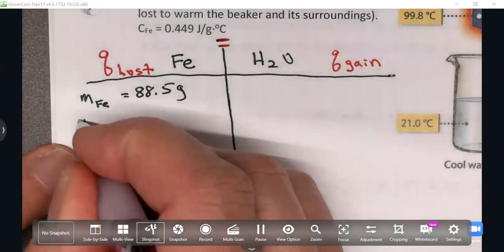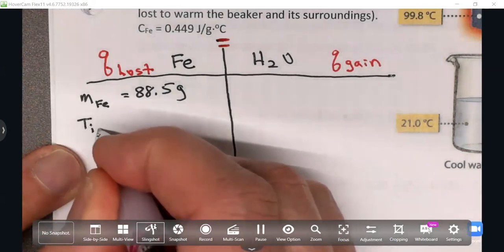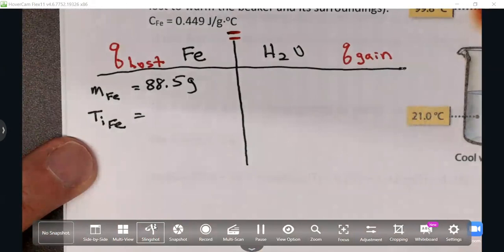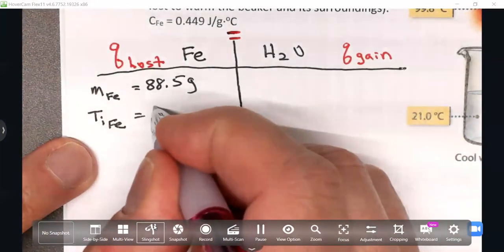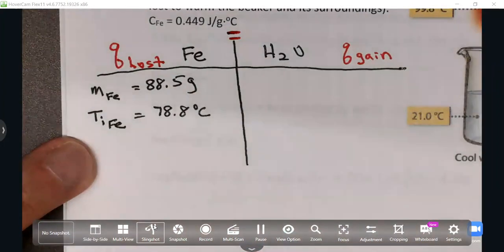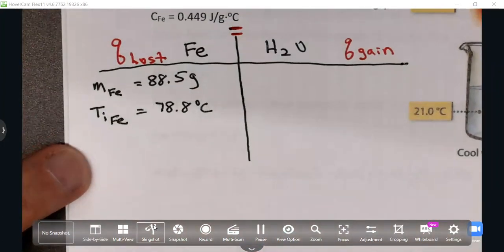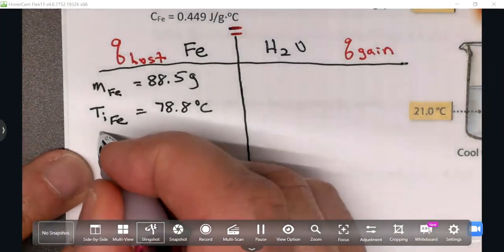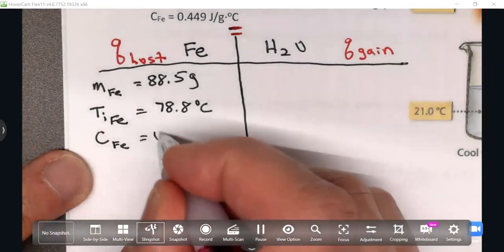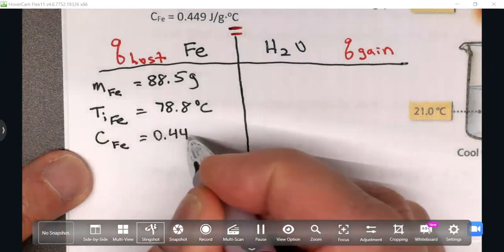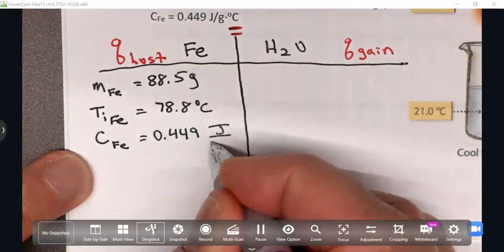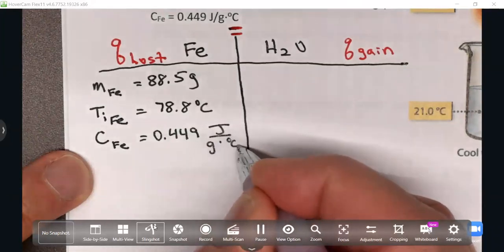The initial temperature, T initial, of my iron is 78.8. Specific heat of iron is 0.449 joules per gram degree Celsius.